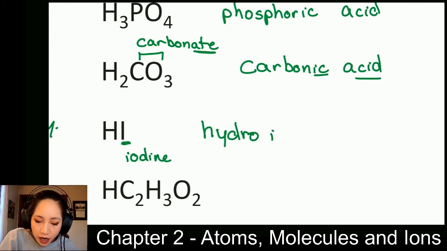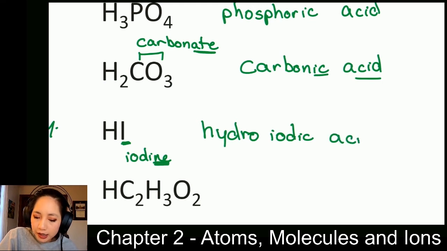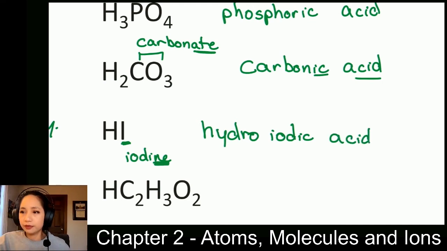So this would be iod, but we drop the ine ending. We drop the ending and replace it with ic acid. So iodic acid, hydroiodic acid.